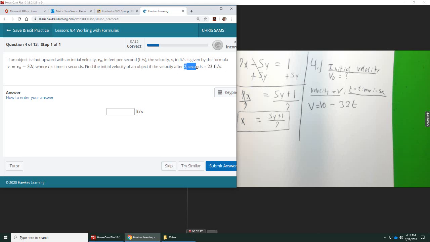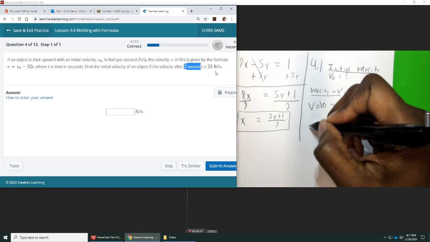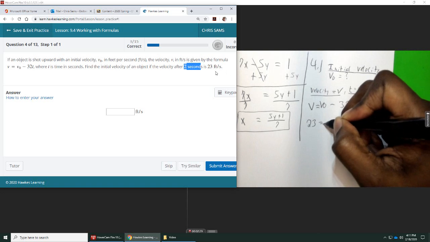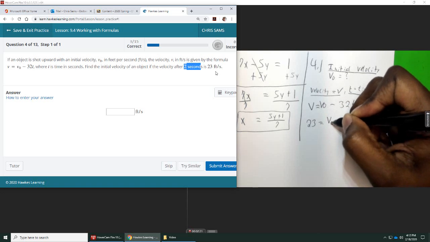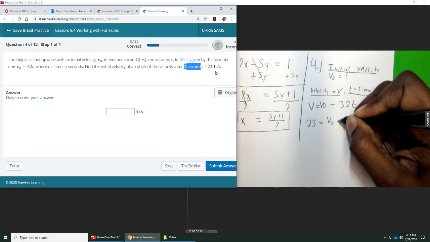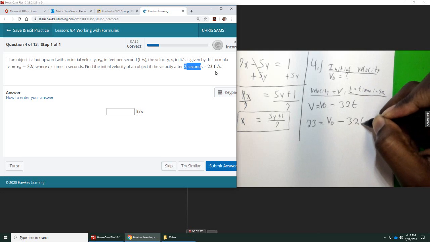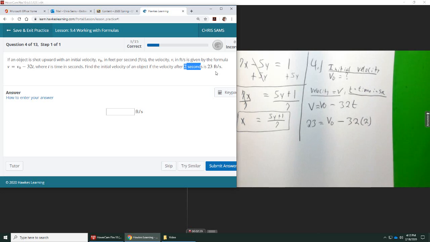After 2 seconds, that's my time, because t was time in seconds, and they're telling me the velocity is 23. So we're going to plug the 23 in for velocity, because they told us velocity. They want us to find the v0, so we don't know that one. And then we have to subtract 32, and t was 2. So we're going to plug that in parentheses. So this is what we have.